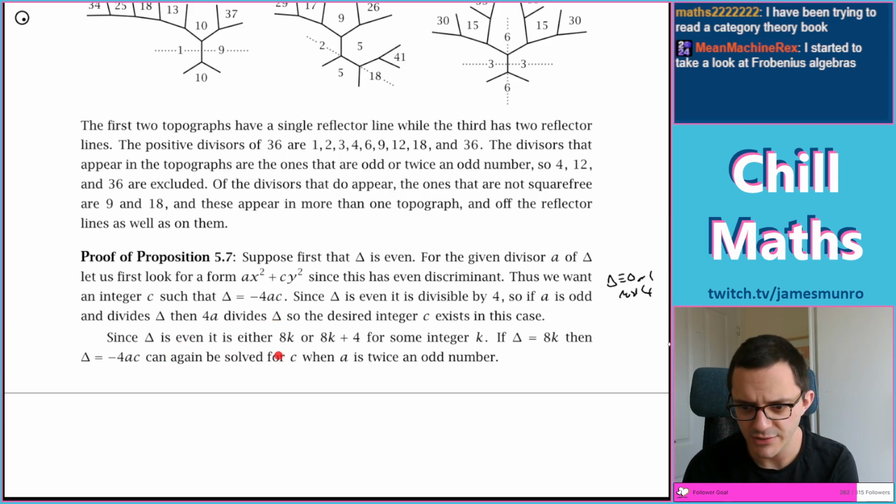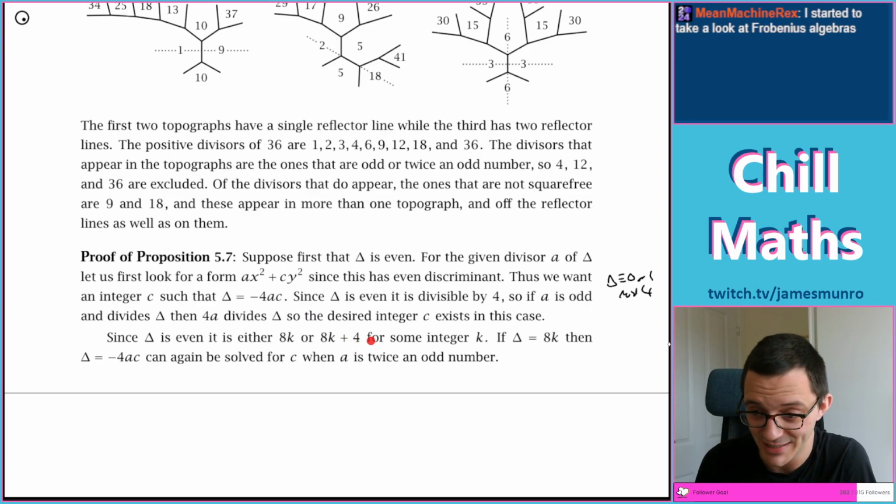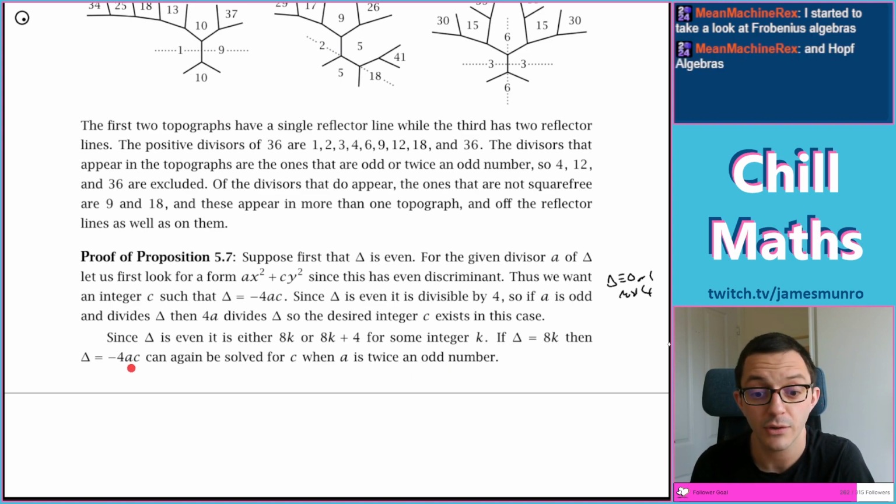Since delta is even, it's 0 mod 4. It can either be this or this. If delta is 8k, then again, when A is twice an odd number, that's all right, because we know that delta has this kind of factor of 8 in it.